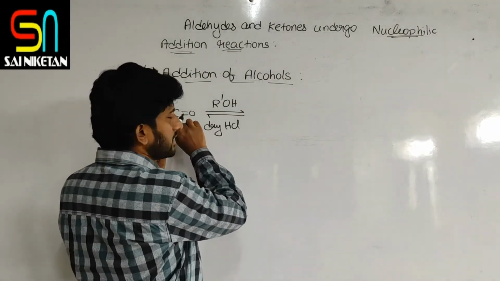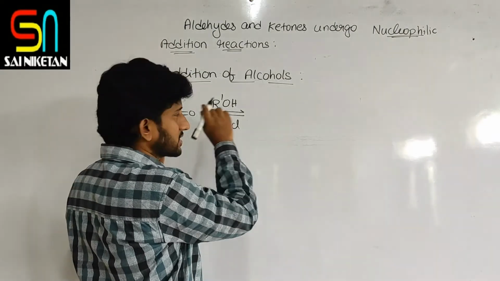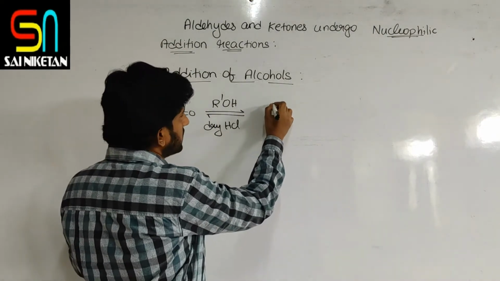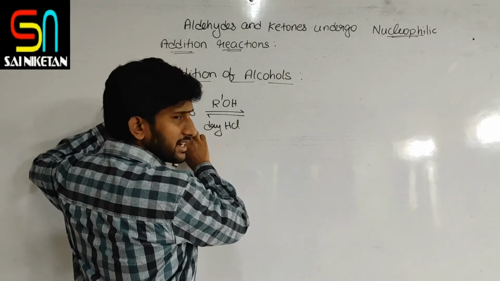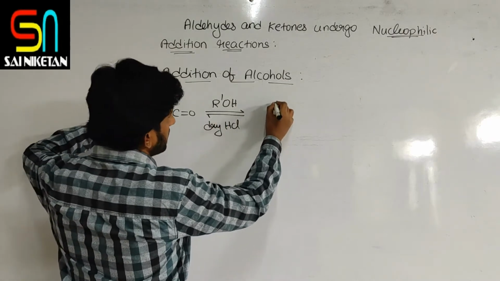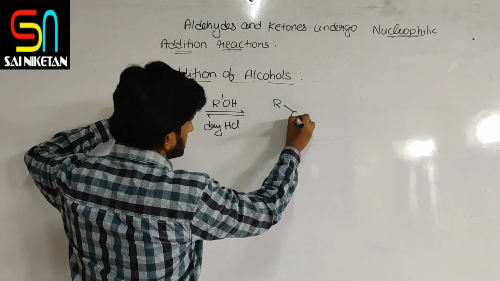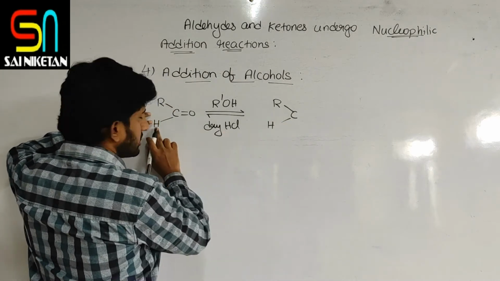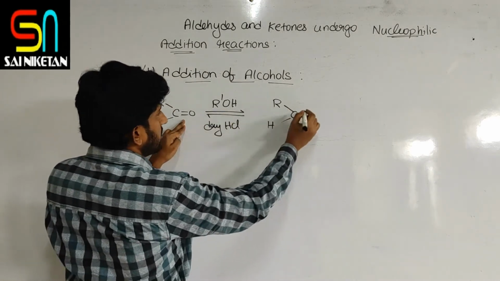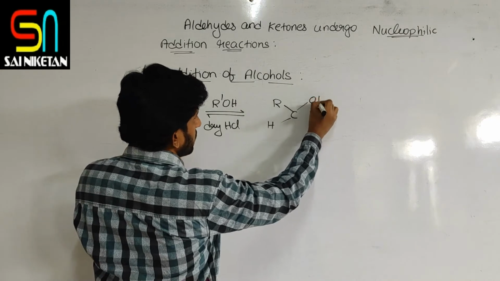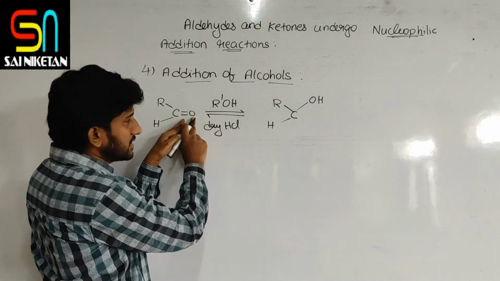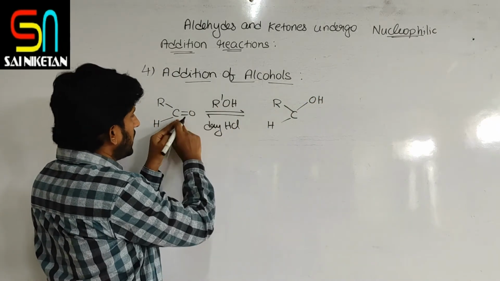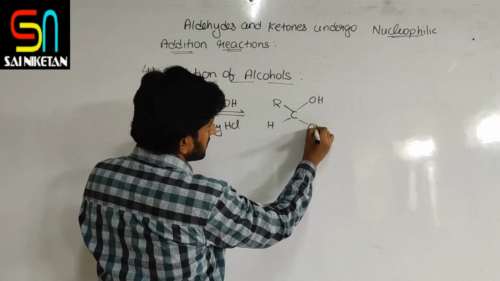So the addition taking place here is nucleophilic addition. I am writing the same compound here, R, C, H. One oxygen is converted to OH, and OR minus attacks here. So this will become like this.